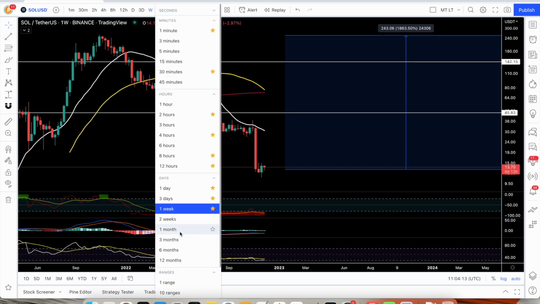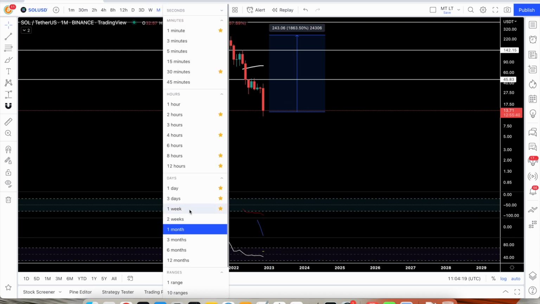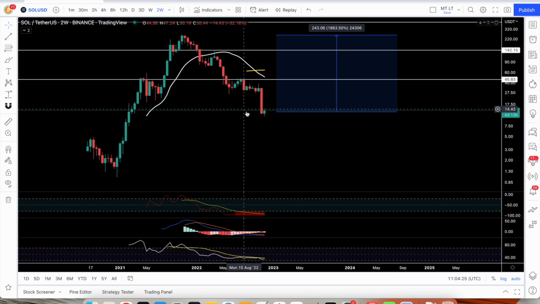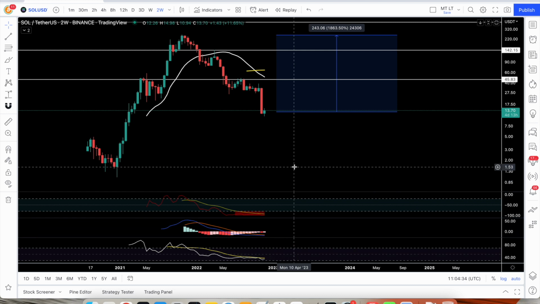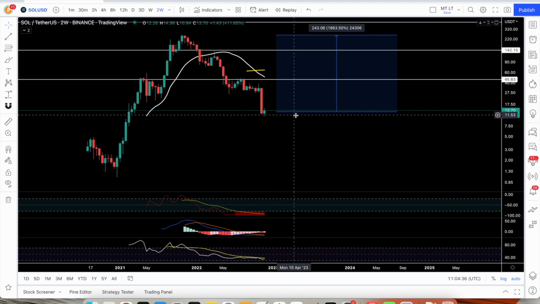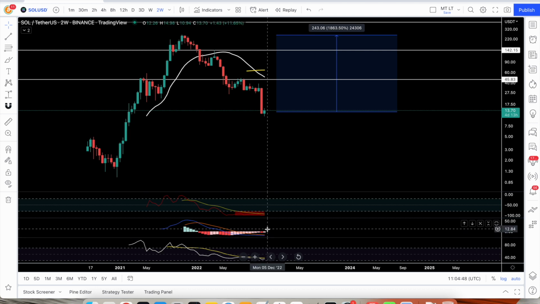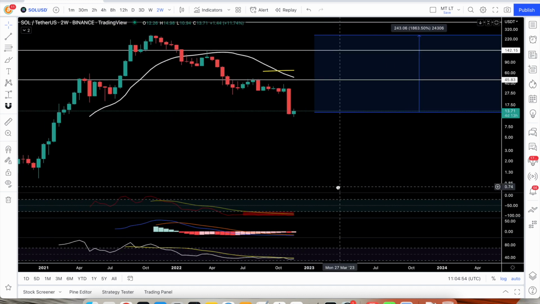Let's take a look at the monthly chart real quick. There's not much history, so I cannot make any inference or anything special out of it. There's the 2-week chart. Again, we are trading on longer intervals, and usually the longer intervals give a better picture of where the price is going to go. On the 2-week chart, every single bar represents 2 weeks worth of price action, and here you can see the MACD almost curling up, and it appears that the bulls are finally able to get in control.